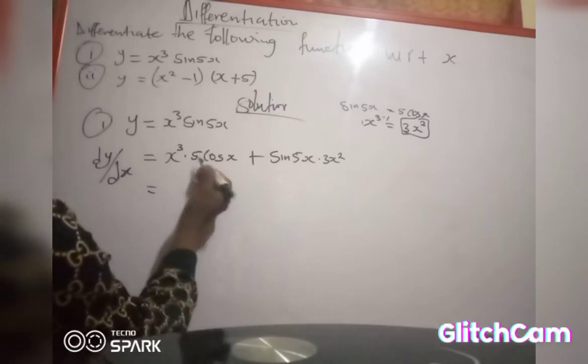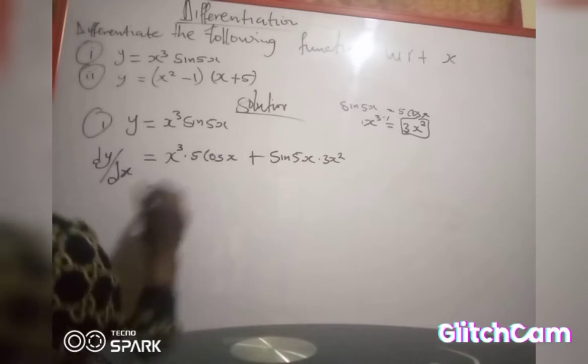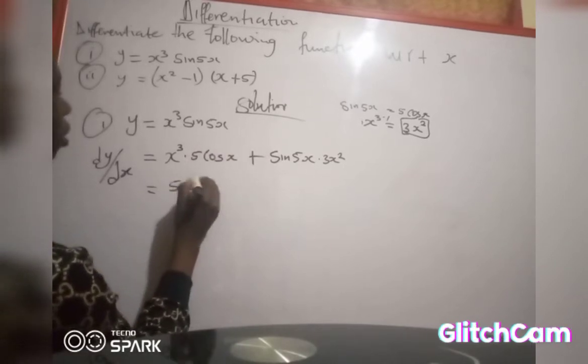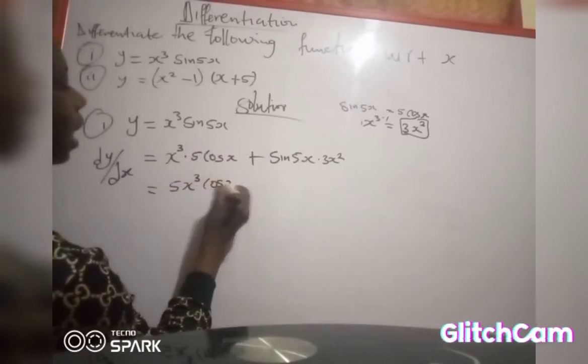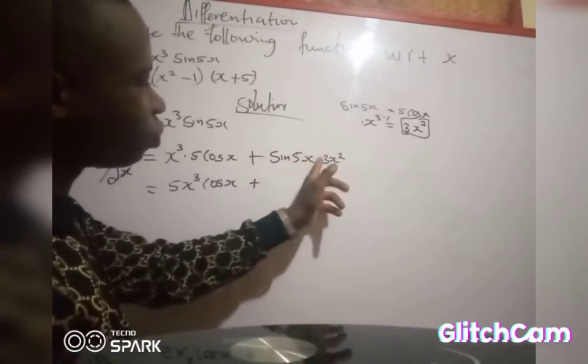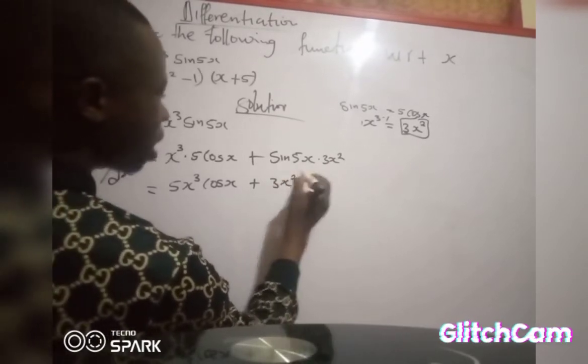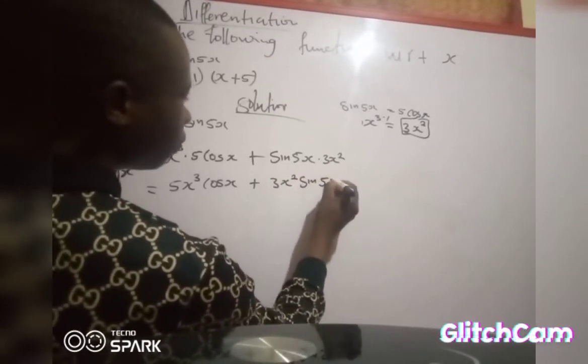This will multiply this, this will multiply this. Then s cubed multiplied by 5 cos 5s, I'll have 5s cubed cos 5s. So plus sine 5s multiplied by 3s squared, I'll have 3s squared sine 5s.